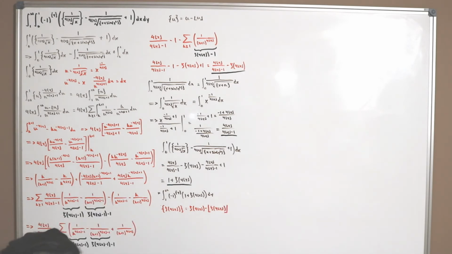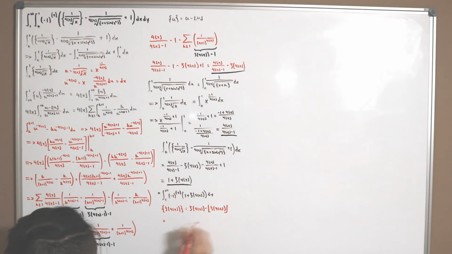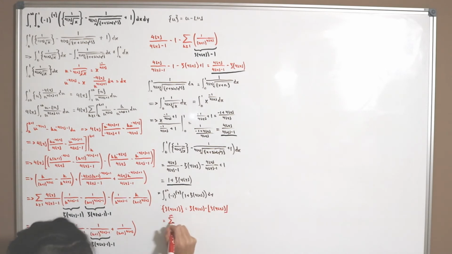Now let's write this using the series definition. This is the same as the Riemann-zeta, the infinite series from n equal to 1 to infinity of 1 divided by n to the power of 4 floor y.